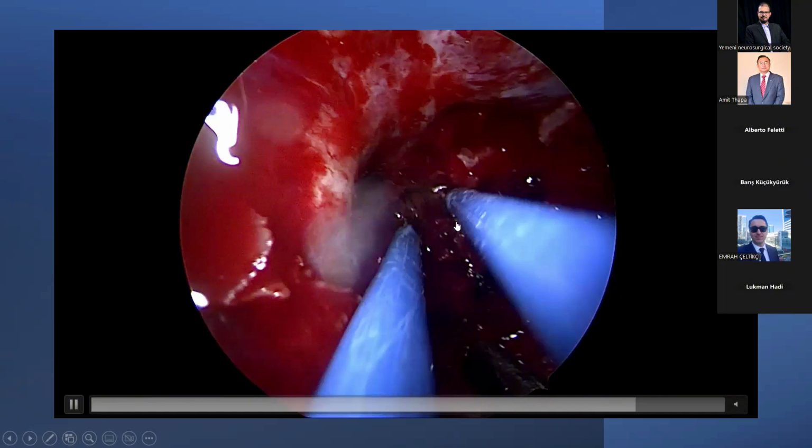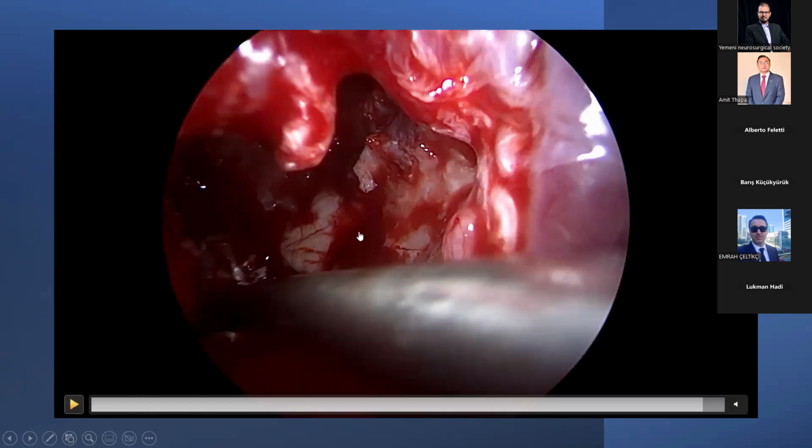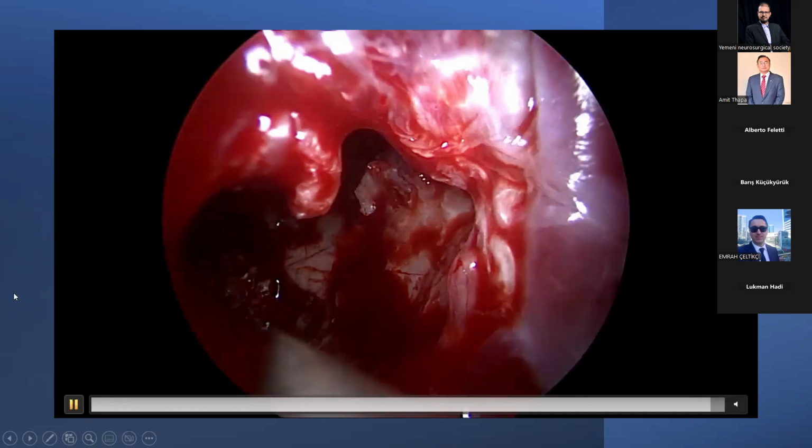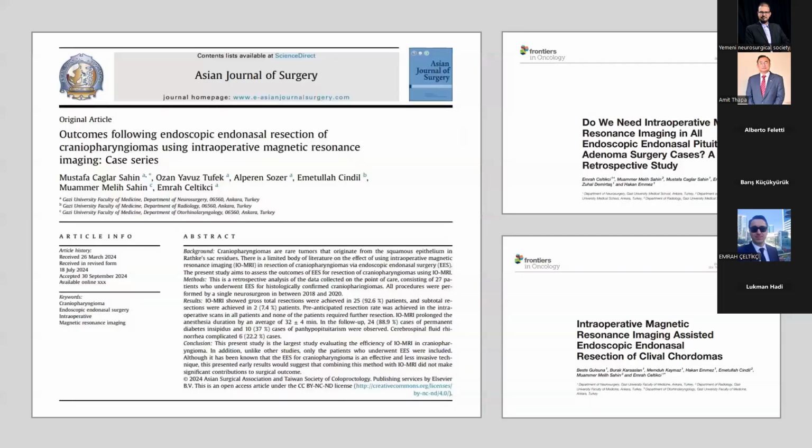We will open, then we will resect. Here, just wait. And this is the basilar artery. We are in the cerebellopontine angle. But this case is different from the previous case because it's not invading the skull base venous structures.